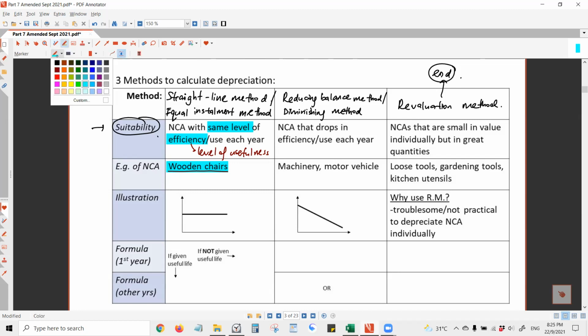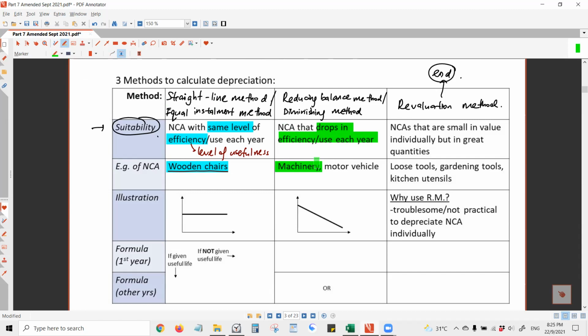Reducing balance method is suitable for NCA that drops in efficiency each year. For NCA that would use this method, I can give you many examples. First one, machinery. You think of machines. Do you think machines can break down easily? Maybe I'm talking about machines that you use in the factory to make things.